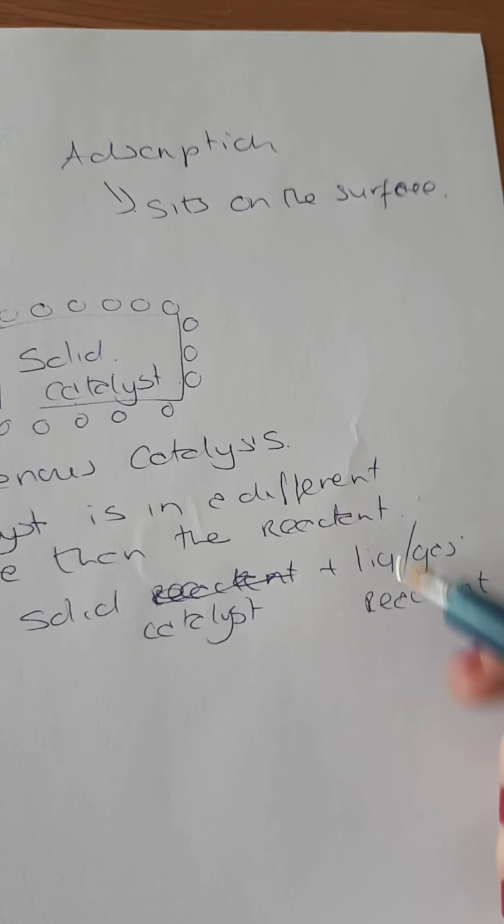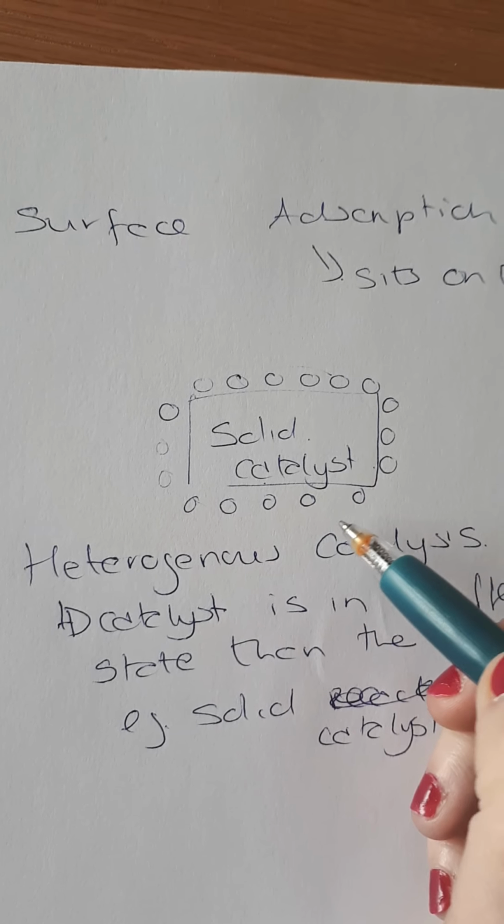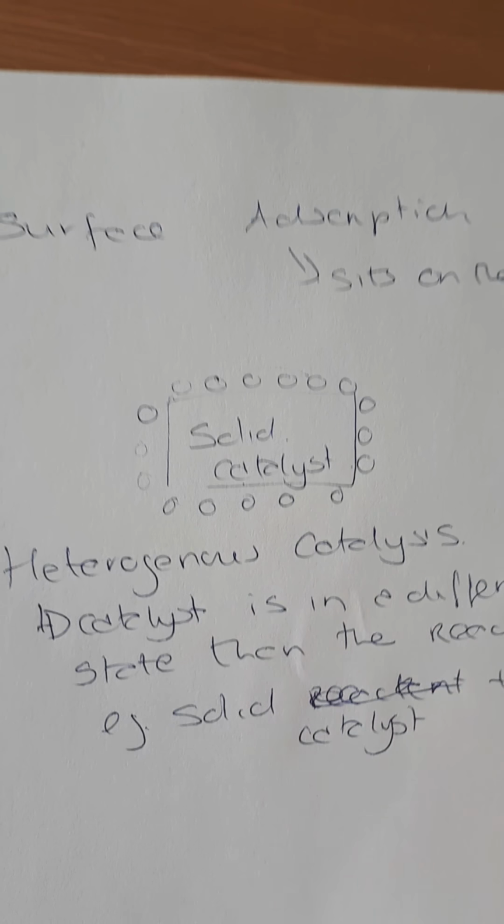So the particles of the liquid or gaseous reactant sit on top of the surface of our solid catalyst, and that increases the frequency of collisions, which increases the rate of reaction.